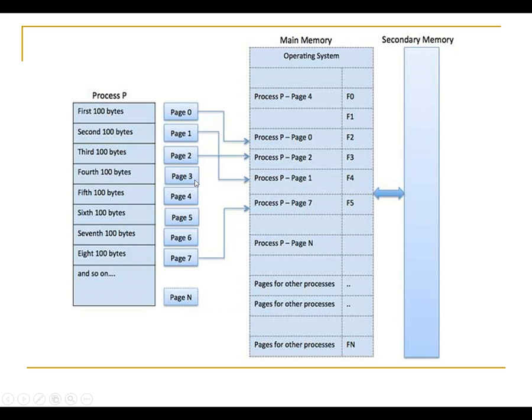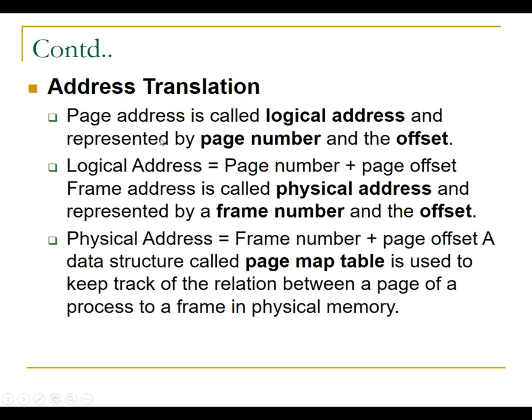This 0, 1, 2, 3, 4, 5, 6, 7 are the page numbers, and this F0, F1, F2, F3, F4 and F5 are the different types of offset. So logical address is counted based on number of pages and number of page offsets. Similarly, in address translation, not only the logical address works, but also the physical address works.